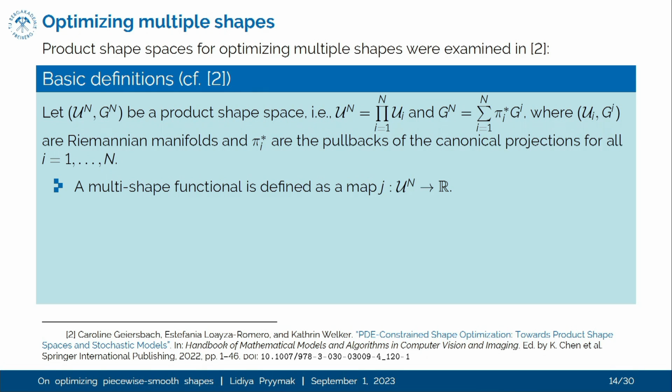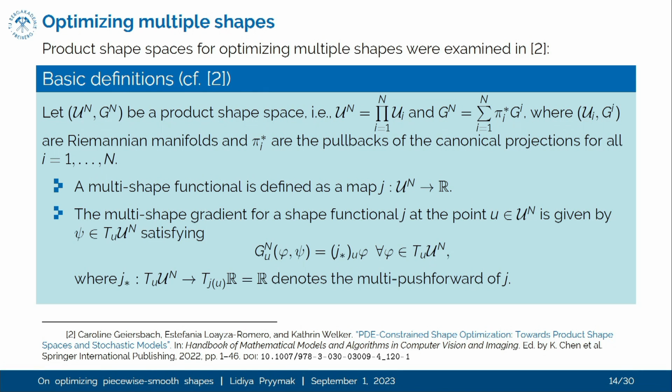And so first, analogous to the shape functional that we have seen in the definition for the shape optimization problem, we have a multi-shape functional J, and we have the multi-shape gradient, again analogously to the one-dimensional case where we don't have a product shape space.